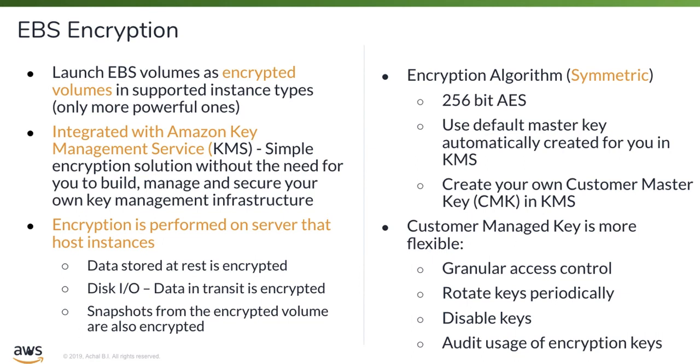So if you want to encrypt the volume again, you might have to create a snapshot, and during the transit you have to encrypt it, or you can create an unencrypted snapshot, and from the snapshot, when you're creating a volume, you have to encrypt that.